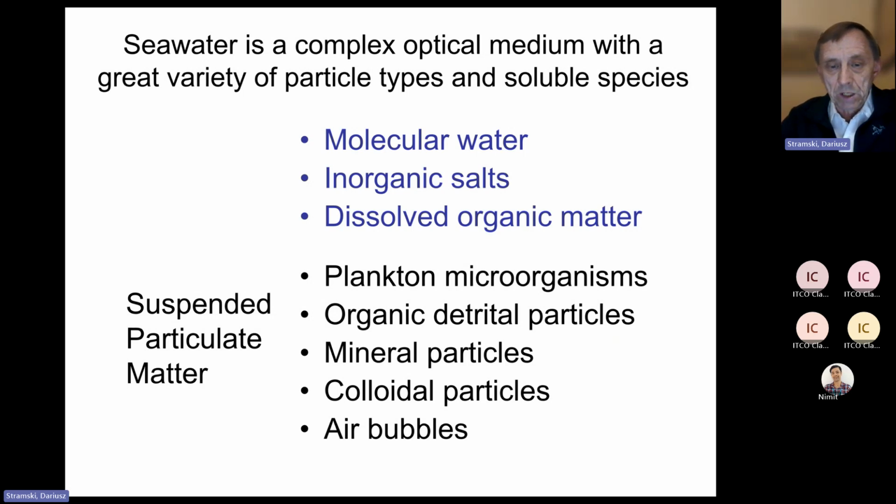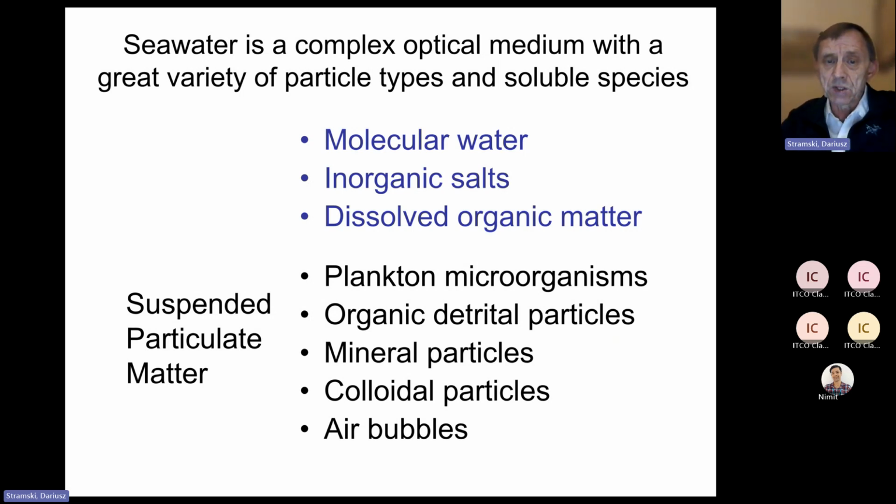I also indicated explicitly a separate particulate component, colloidal particles. These are the small particles, generally smaller than 1 micron, which are by far the most abundant particles in seawater. And air bubbles can also be considered as part of this particulate constituent.